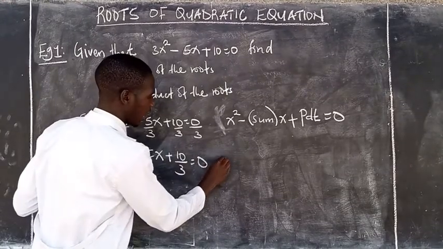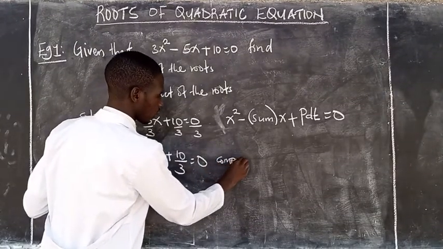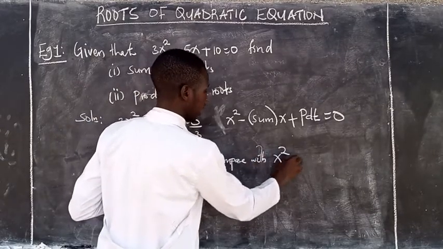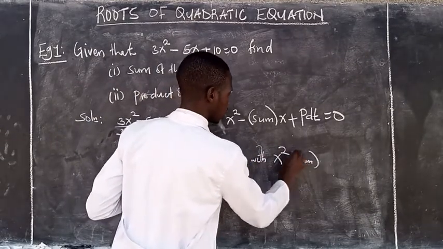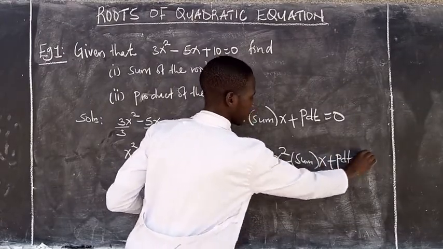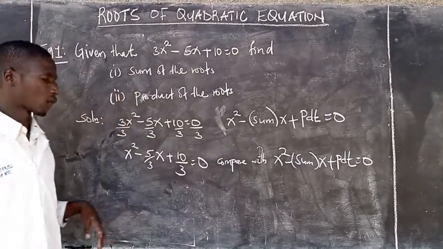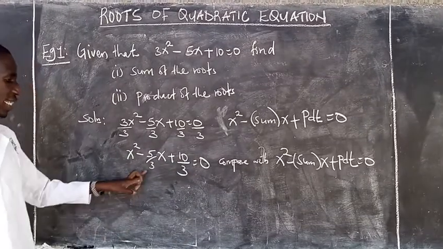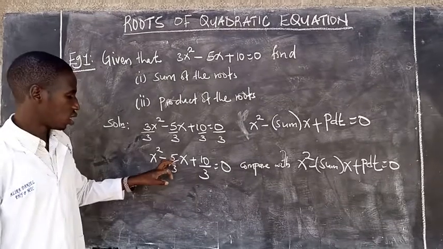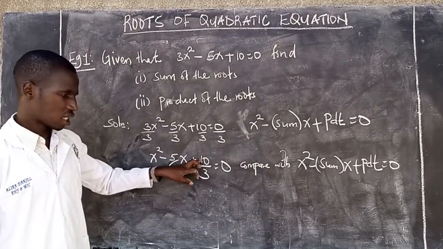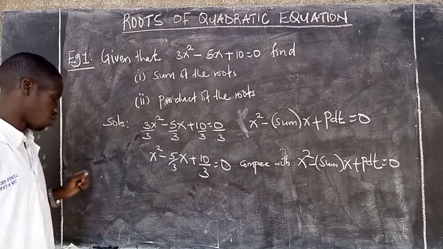So we can compare with x squared minus sum times x plus the product equals 0. So from there, when you do the comparison, you realize that the sum of the roots is 5 over 3, and the product of the roots is 10 over 3.